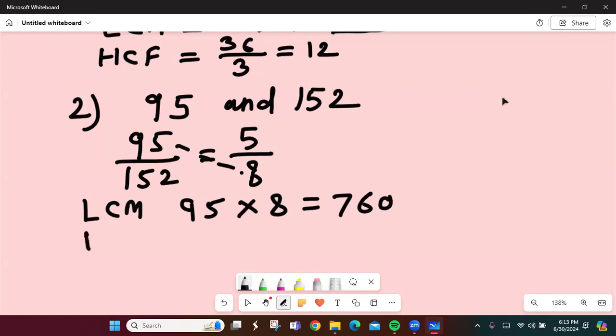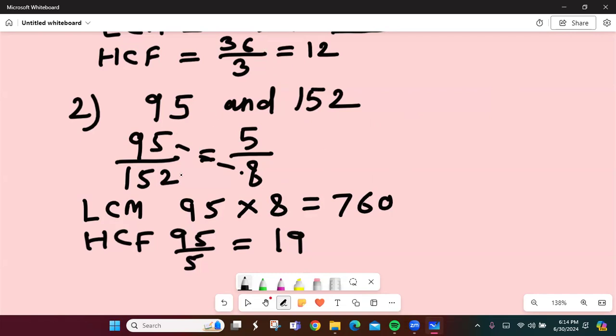And to find out the HCF, take the ratio of numerator to numerator or denominator to denominator. That is 95 divided by 5, which will give you 19. Similarly, 152 divided by 8 will give you 19. So 19 fives are 95, 19 eights are 152. So you can see here, without prime factorization, you can easily find out LCM and HCF.